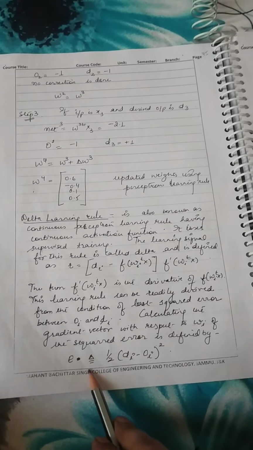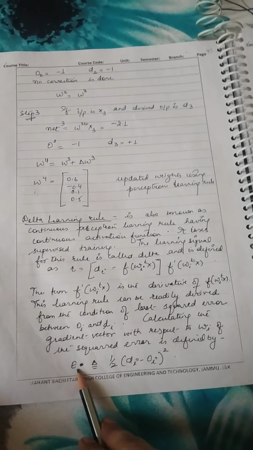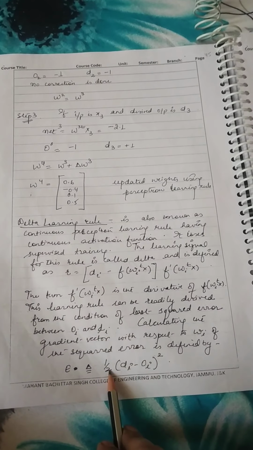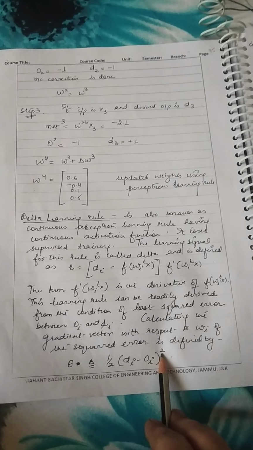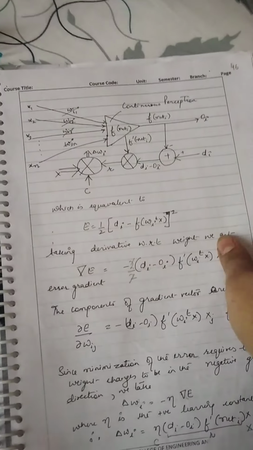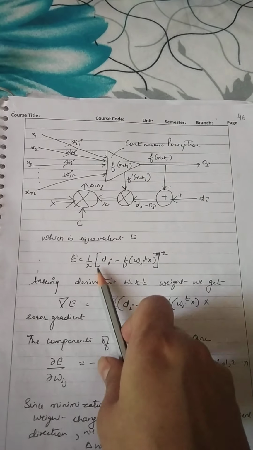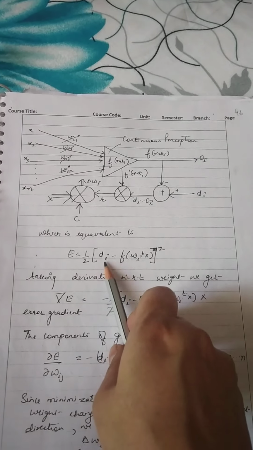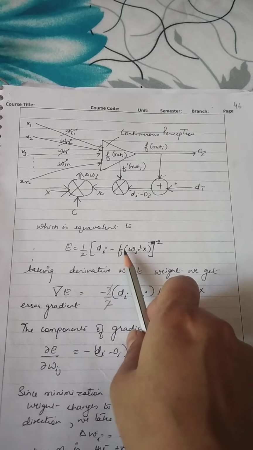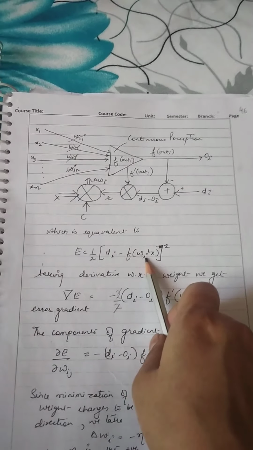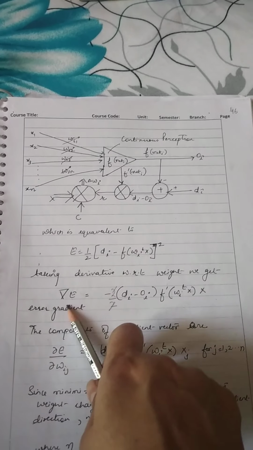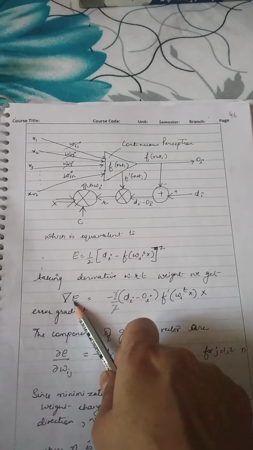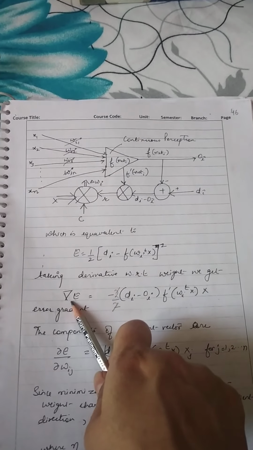So we'll start the derivation here. Here E means the error. It is always equal to 1 upon 2 (di minus oi) whole square. Now this error is equal to 1 upon 2 (di minus f of weighted inputs) whole square. Now taking the derivative on both sides, we will have the gradient of error, known as the error gradient.